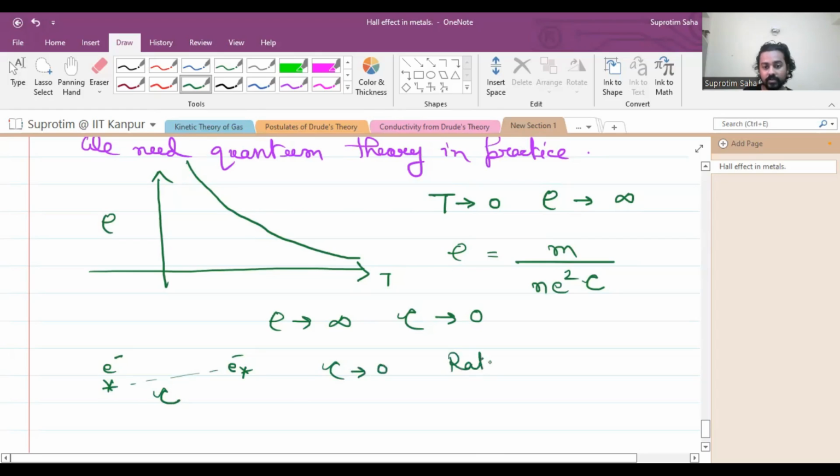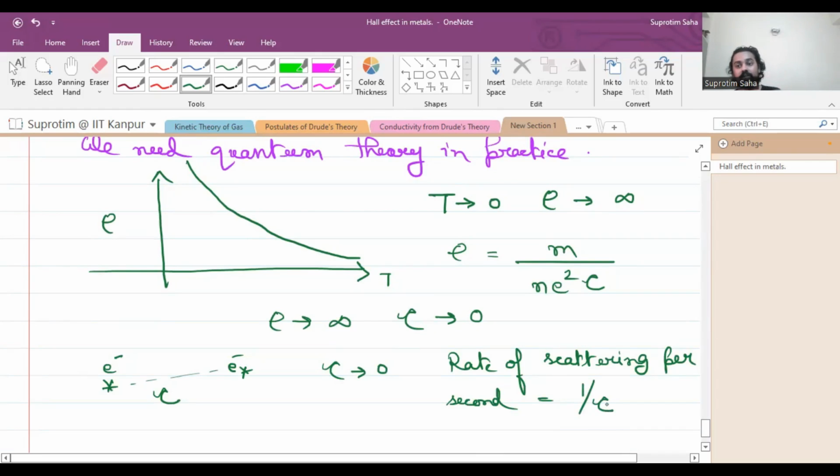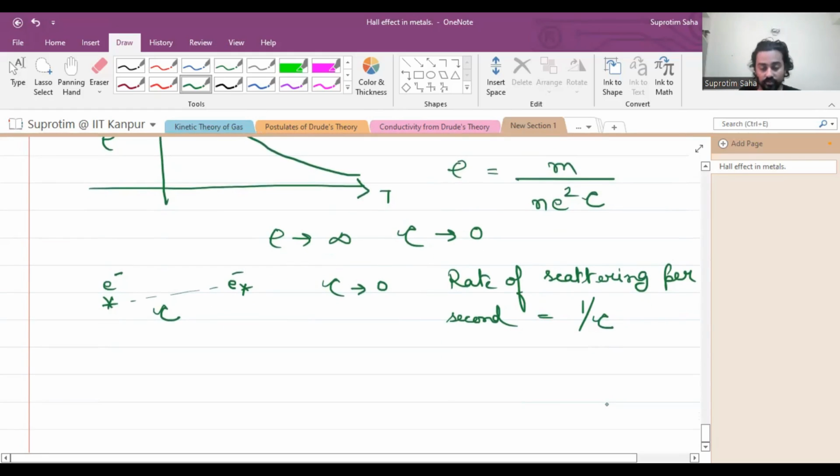The rate of scattering per second will automatically be given by 1 over tau, because the thing we were discussing is dt over tau. In time dt, what is the probability that the electron collides? So the rate of scattering per second will be given by 1 over tau.